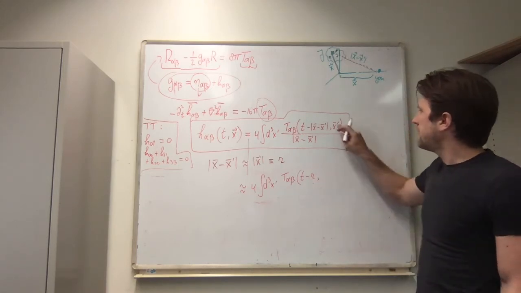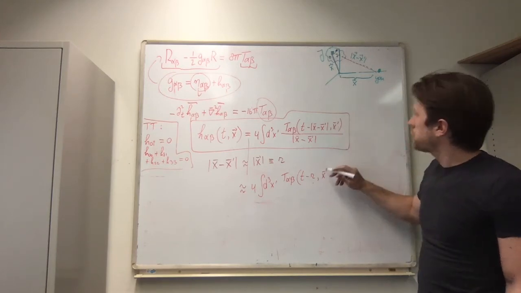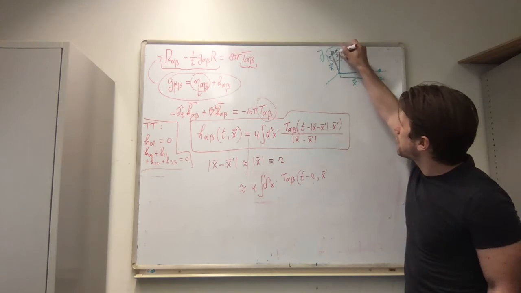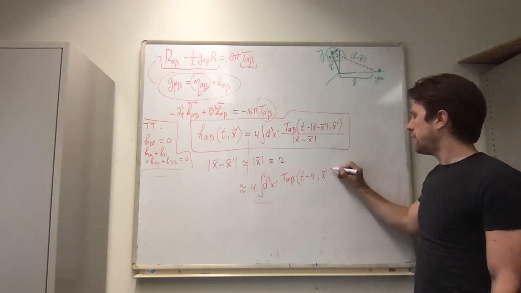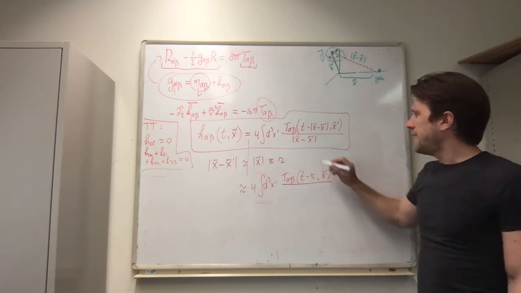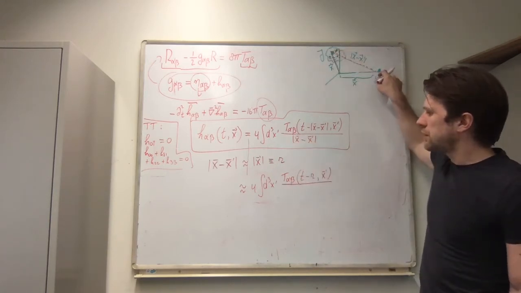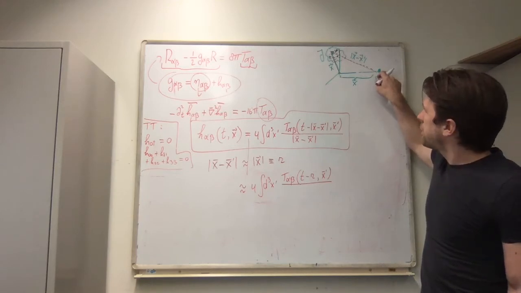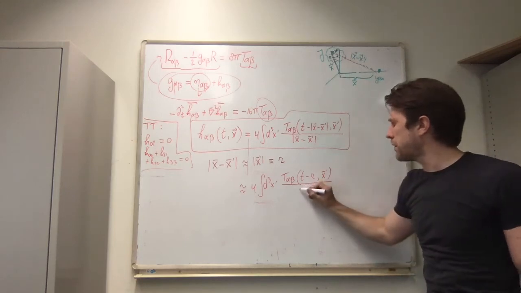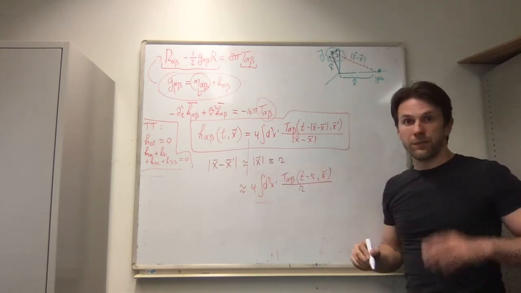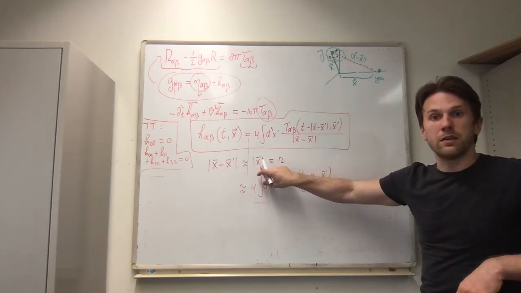This thing x primed is still there though, because x primed is the fact that you're integrating over all these little pieces of stuff, and that is still the case. So that one still remains. And here you have to divide by x minus x primed, this distance. But if you're very far away, then this distance has very closely become this distance, which we call r. And notice that r does not depend on x primed anymore.